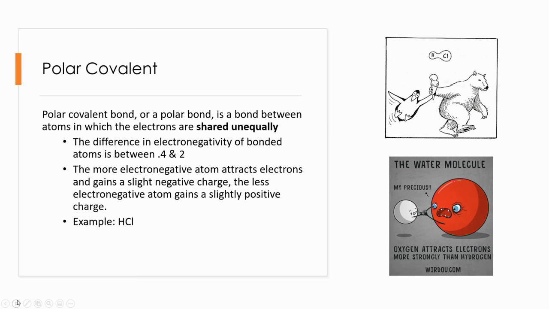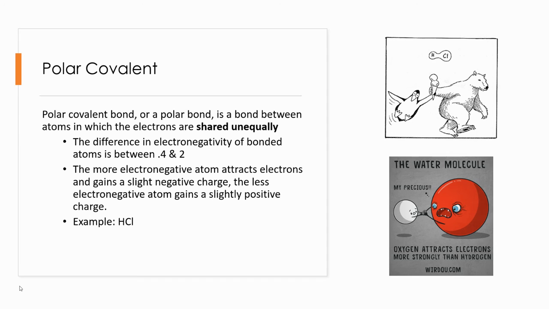All right, now it comes down to polar covalent bonds. Polar covalent bonds occur when electrons are shared unequally between the two atoms in the bond. This happens because the difference in electronegativity between the two atoms is between 0.4 and 2, so there's a larger difference in strength.